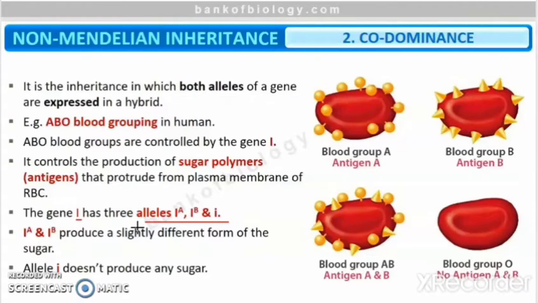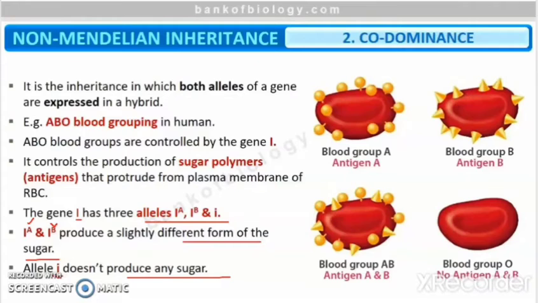The alleles capital A and capital B will produce a slightly different form of the sugar. They are the same gene, but the sugar which they produce is slightly different. That is why they are named A and B. So these two will produce a slightly different form of the sugar, and the allele called small i does not produce any sugar. So that is the difference between IA, IB and small i.